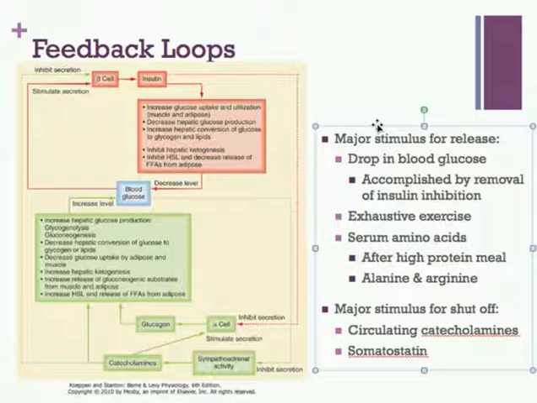The stimulus for release of glucagon is really when you get into situations where there is a drop in blood glucose. I've already mentioned things like fasting states. So that would be the first thing you have up there, drop in blood glucose due to time between meals. This also happens after exhaustive exercise, where you start to break down some of the muscle.